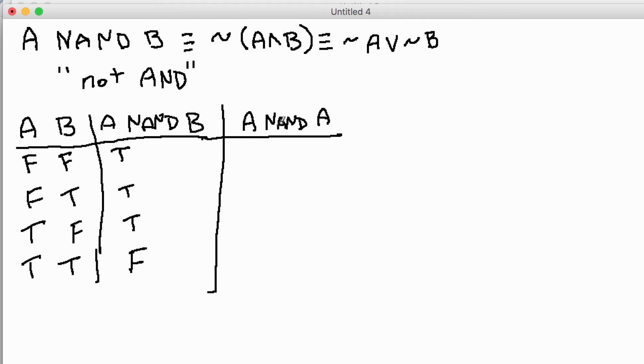Well, A NAND A, remember, is equal to not (A and A). So first of all, we can see over here, if A is true, then A and A would be true, and not true would be false. So if A is true, then A NAND A would be false.